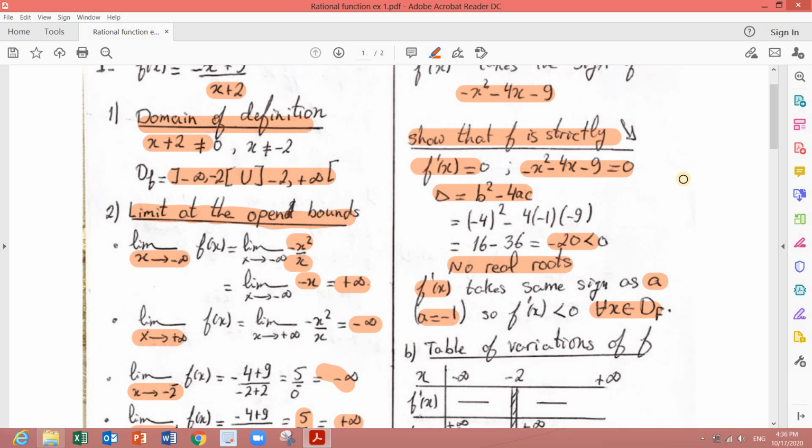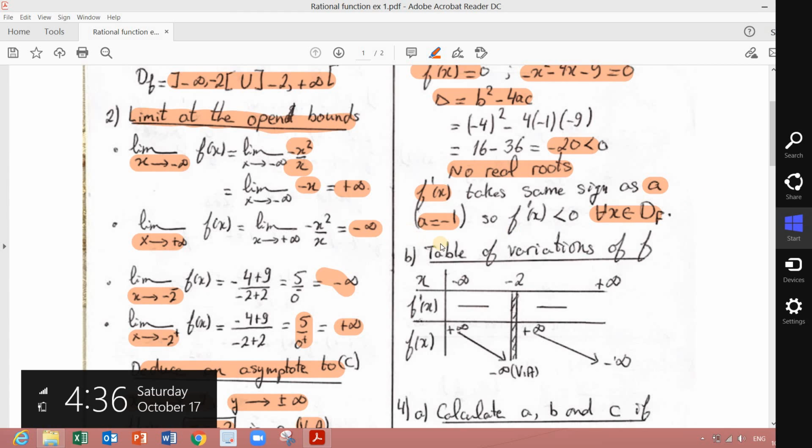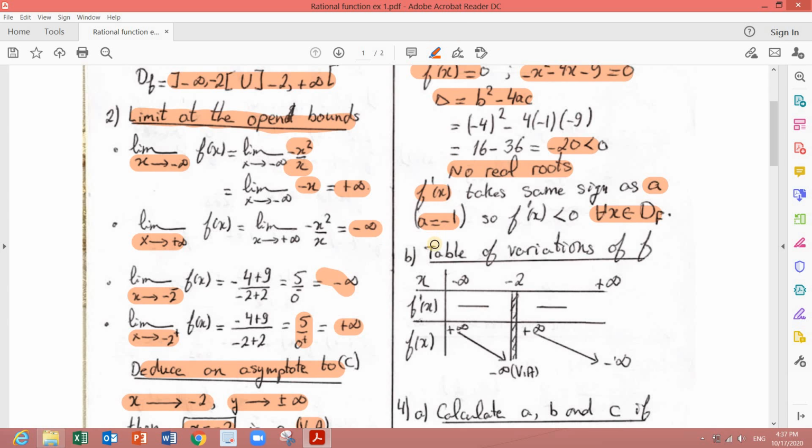Now we go to part B, which is the table of variations. Since f prime x is less than 0, it is always negative.